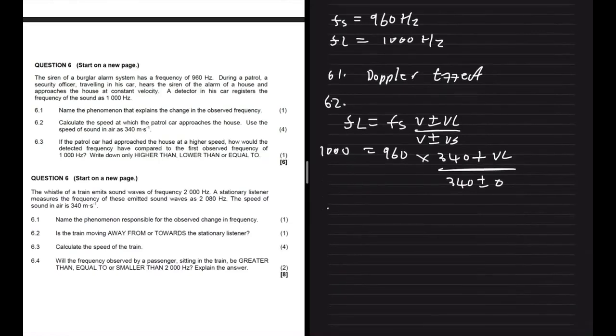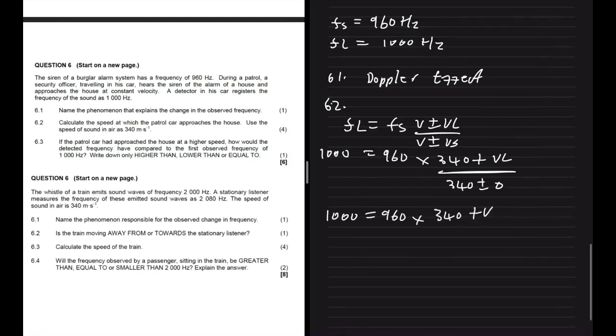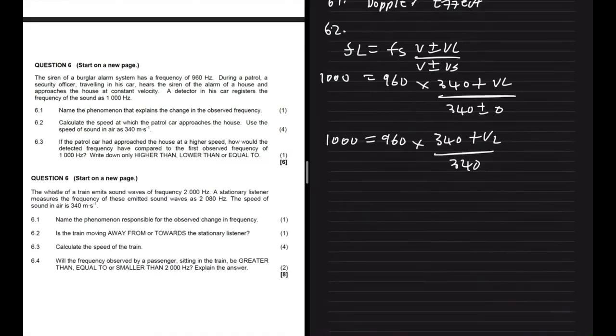So that is 1000 equals 960 multiplied by 340 plus VL, divided by 340. I'm going to divide both sides by 960, so we have 1000 divided by 960 equals 340 plus VL divided by 340.